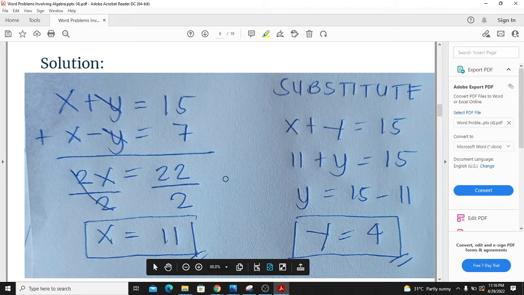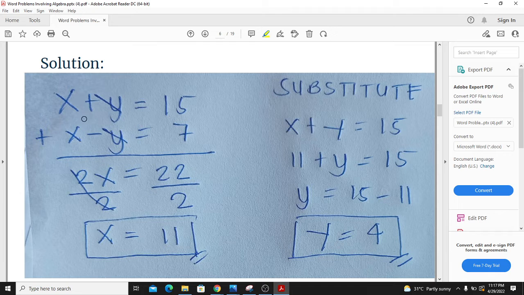Solving equations with two variables, we do have a lot of ways to solve them. We can use elimination, substitution, etc. But based on the given, I decided to use elimination because it is much easier.